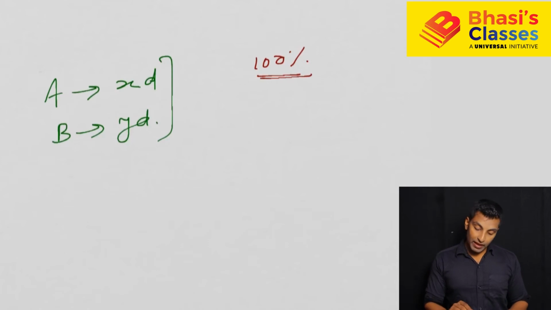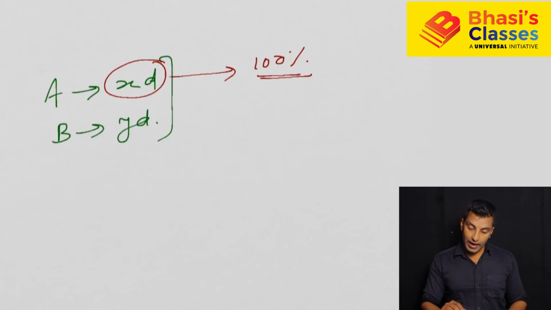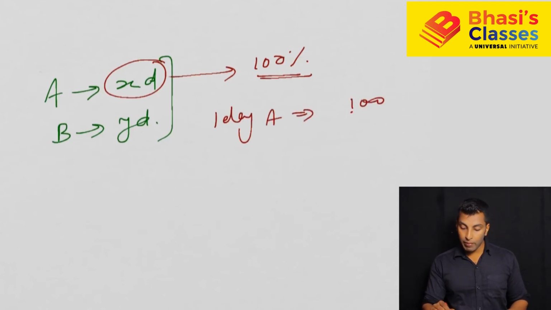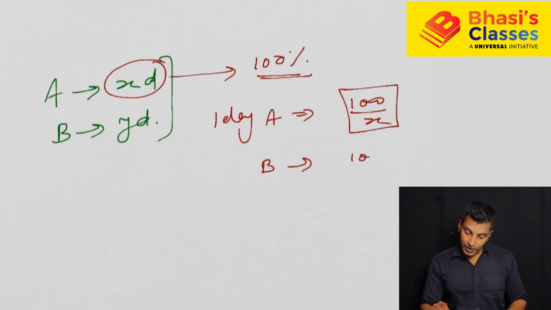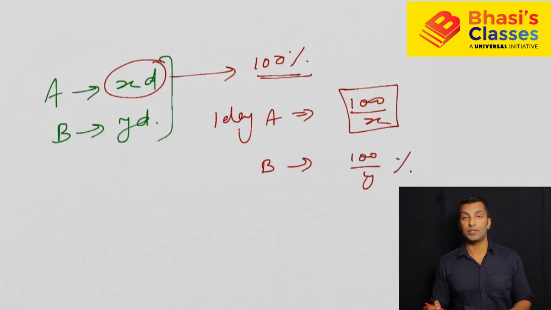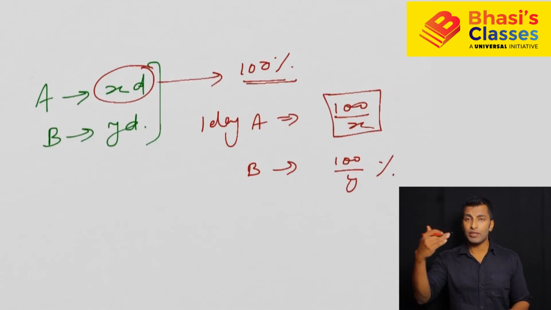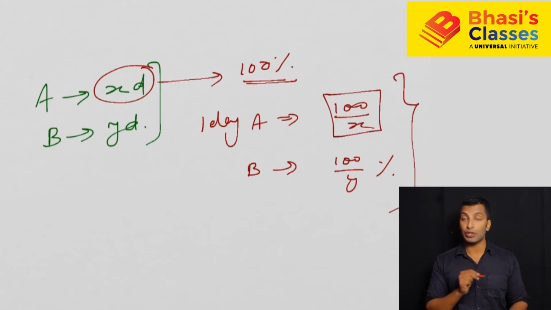So A takes X days to complete 100%. So in one day, A can finish 100 by X of the work. Okay. So in one day, A will finish this much percentage. B will finish 100 by Y percentage. Now with numbers you will understand much better. So here I am actually generalizing.